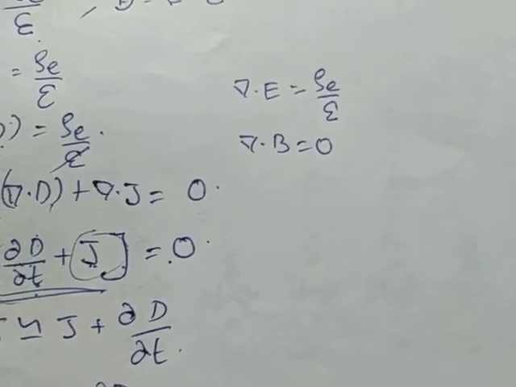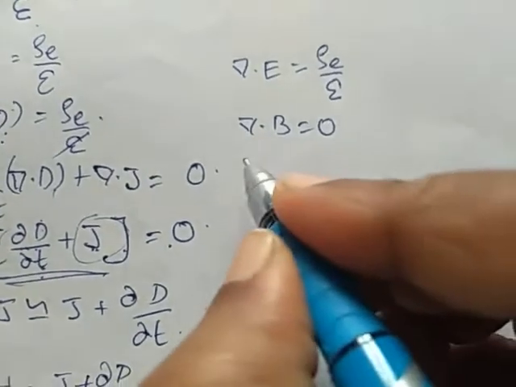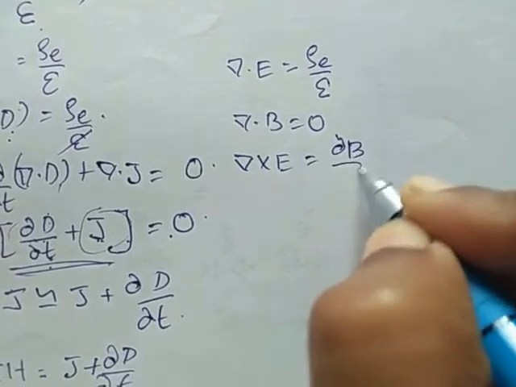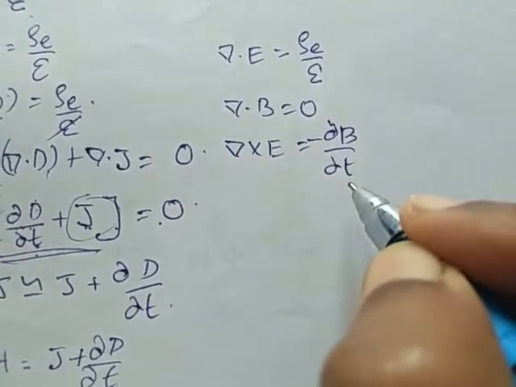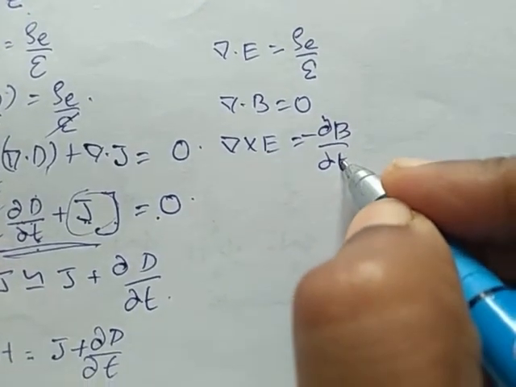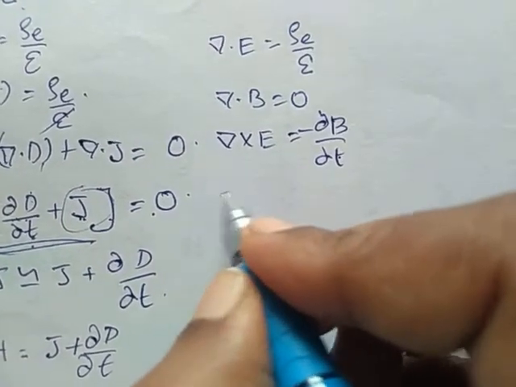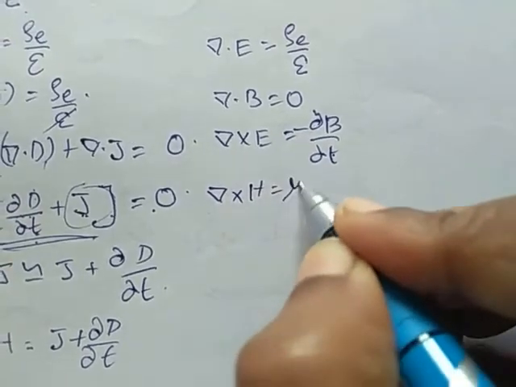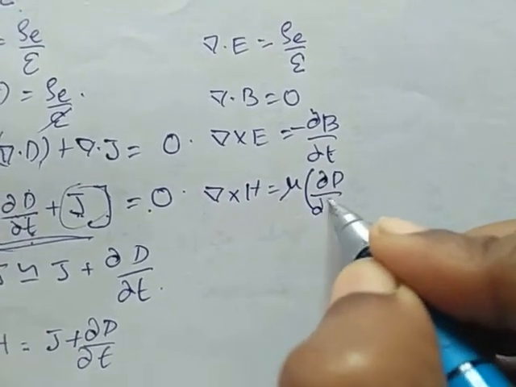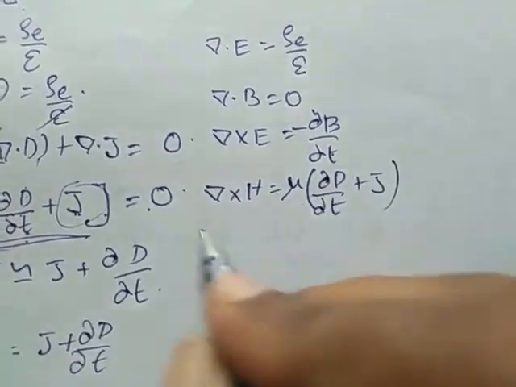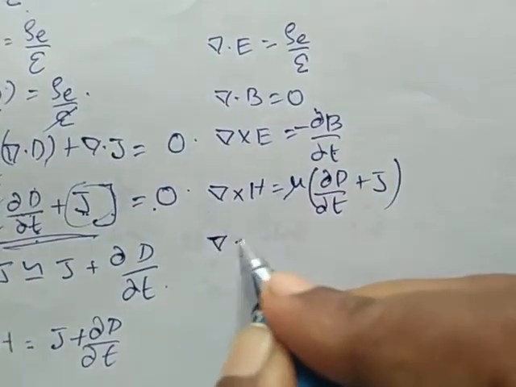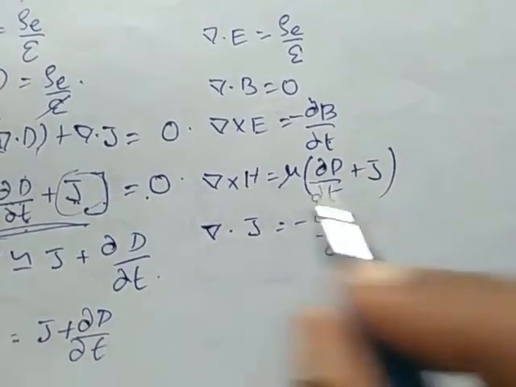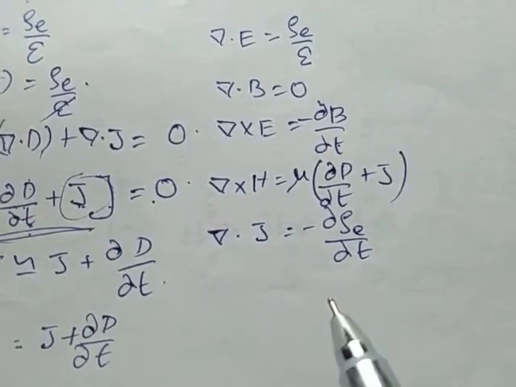Then del cross E is equal to minus dou B by dou T, which is Faraday's law. Del cross H is equal to dou D by dou T plus J, which is Ampere's law. Del dot J is equal to minus dou rho E by dou T. This is the equation of continuity of charge.